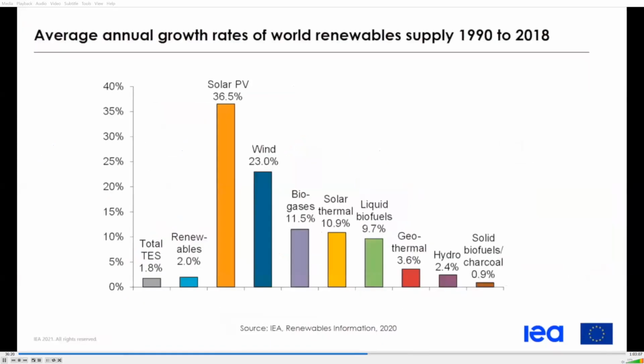Renewable sources are the energy commodities that have the largest and most important growth rates in the world. Between 1990 and 2018, solar PV gained 36.5% in production, followed by wind, biogas, solar thermal, and liquid biofuels, which led to the total renewables growing by 2%, which is more than the global total energy supply growth in the same period.